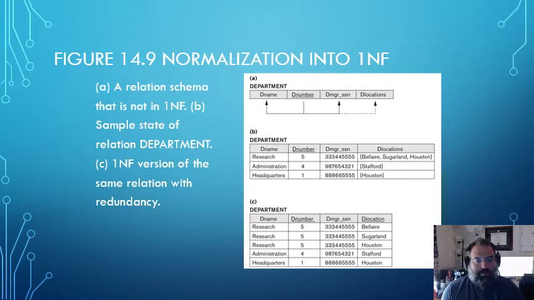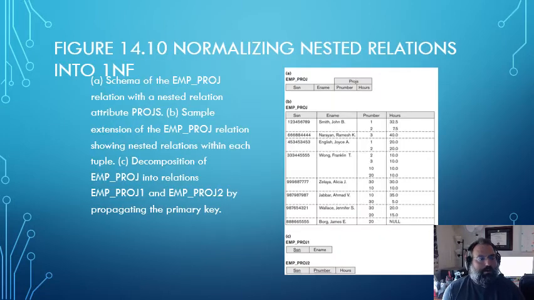Figure 14.9 is the normalization into first normal form. A, a relational schema that is not in first normal form. B, sample state of relation department. C, first normal form version of the same relation with redundancy. Figure 14.10, normalizing nested relations into first normal form.